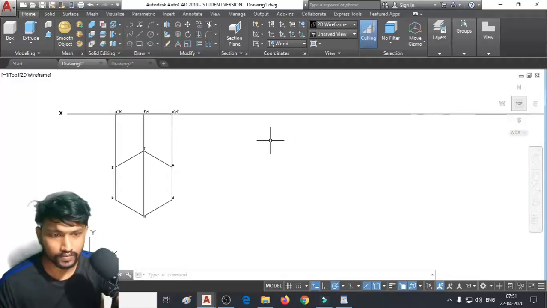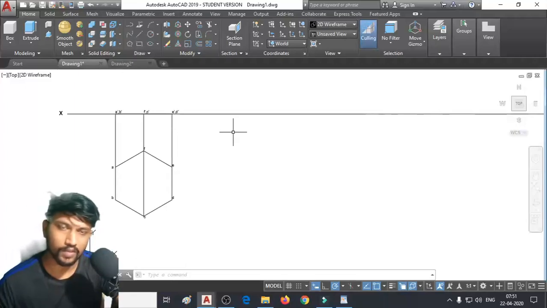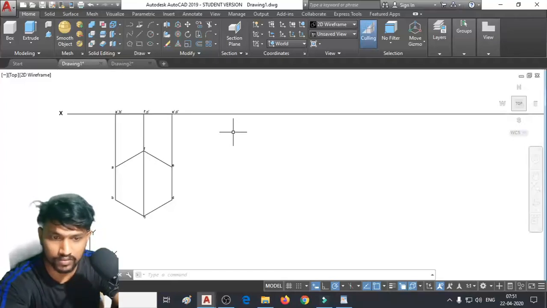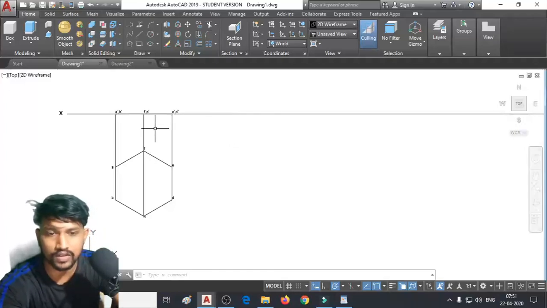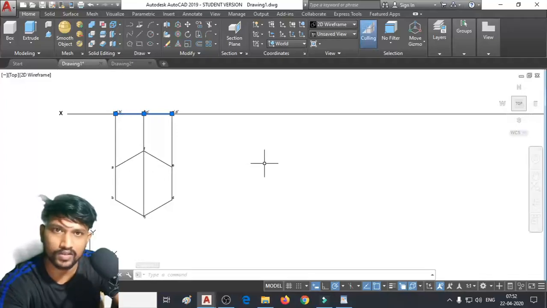Now what do we need to do? Remember, I've told this in the previous classes also, and I'm repeating it in this class. If you get a straight line in the front view, take the angle of this lamina with respect to the horizontal initially.